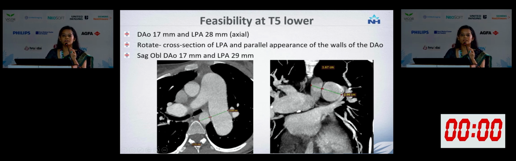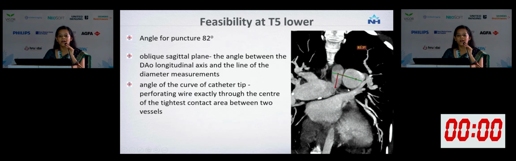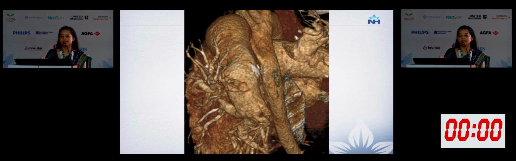Again, we measure the diameters of both. Once you measure the diameter, the angle between that diameter and the parallel axis of the aorta is the angle at which they will puncture. So they just need to get that angle and they'll puncture in the cath lab and get direct access to the Potts shunt like this.